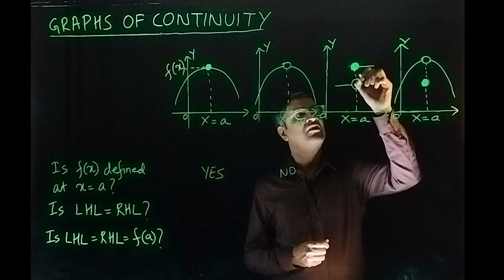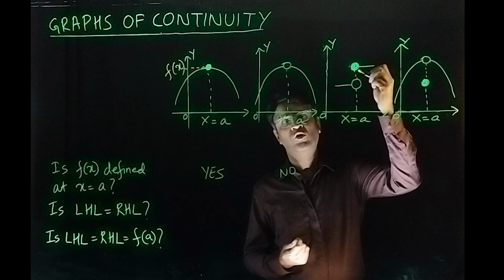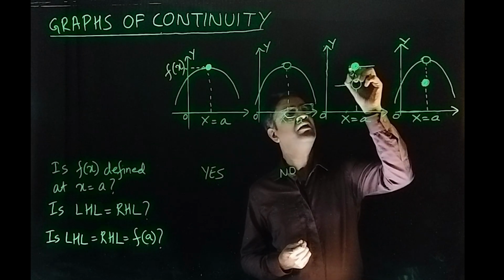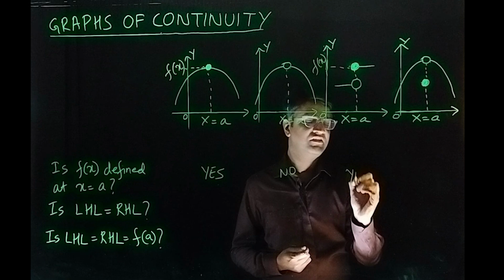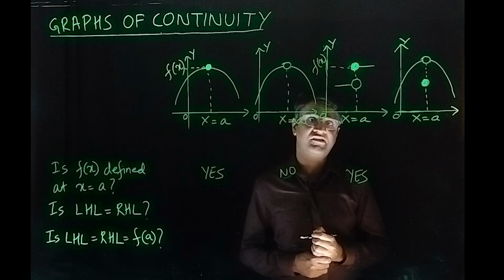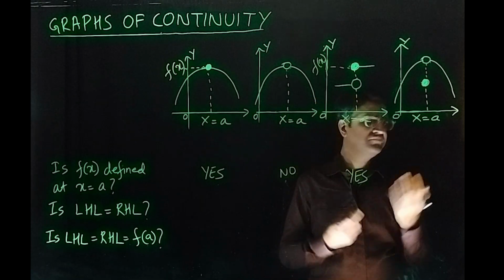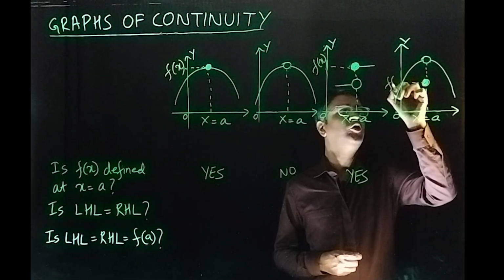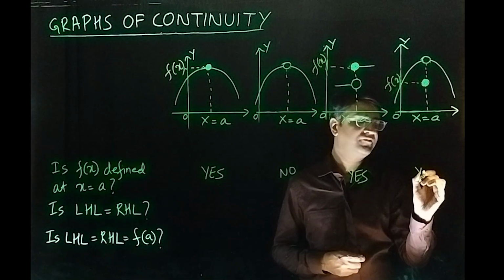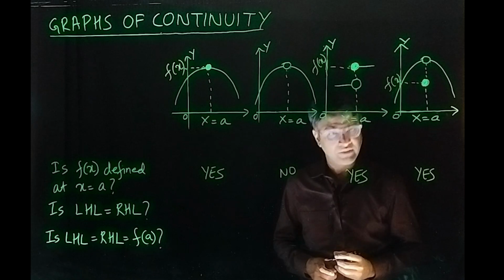Well, you have a dark circle here. Never mind, even if you have a hollow circle, for x equals a, we get a defined value for y, which means yes, it is defined at x equals a. What about this one? Yes, you have a dark circle and at x equals a, you will get f(x). So yes, it is defined at x equals a.